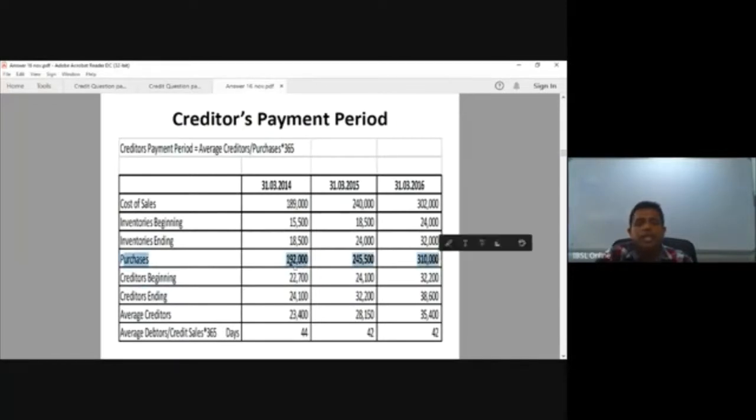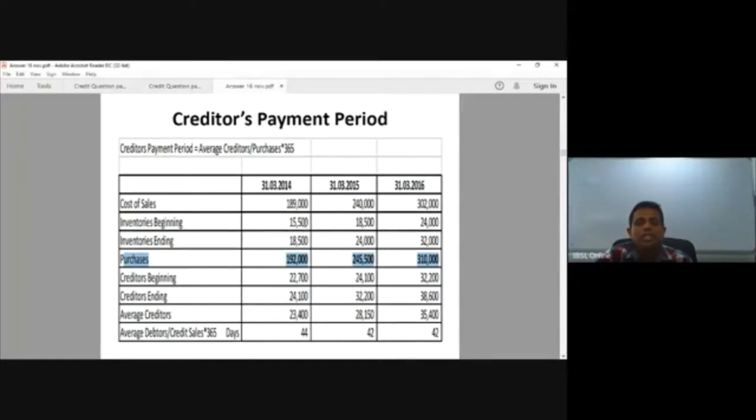To get 192,000, you have to add to cost of sales the ending inventory 18,500 and deduct the 15,500. The difference between the beginning and the ending inventory is 3,000.